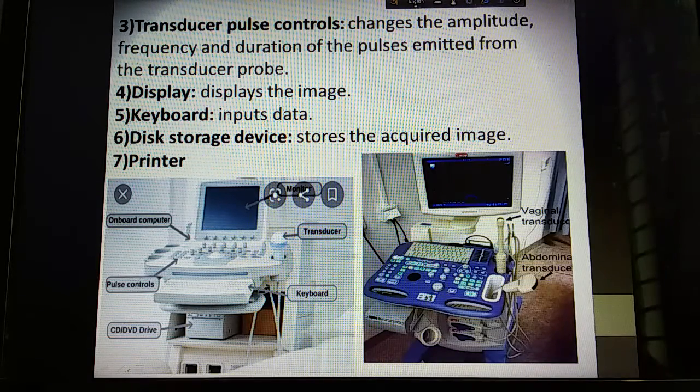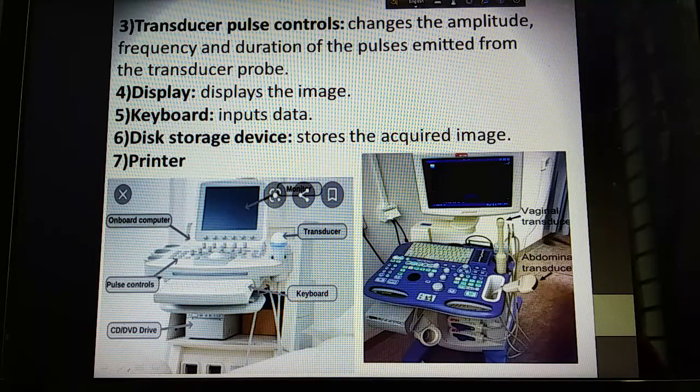transducer. So from our figure you can see that number 4 is the display. Display means this is used for displaying the image captured by the ultrasonogram machine or by the transducer. And the keyboard is used to input data.